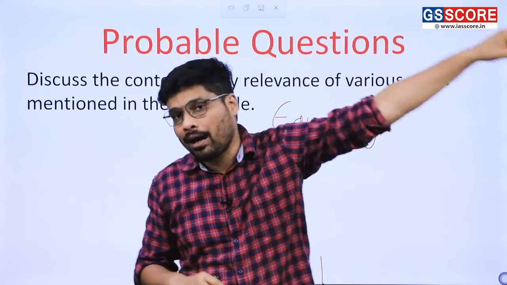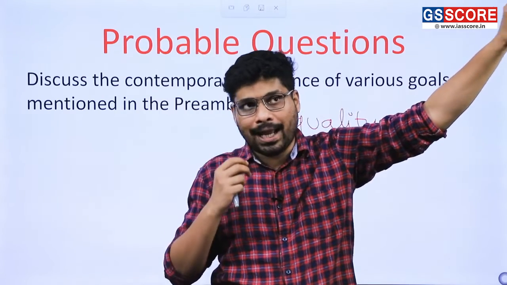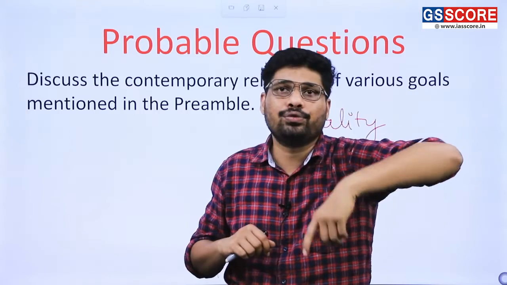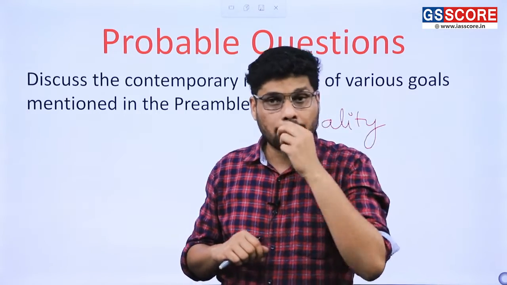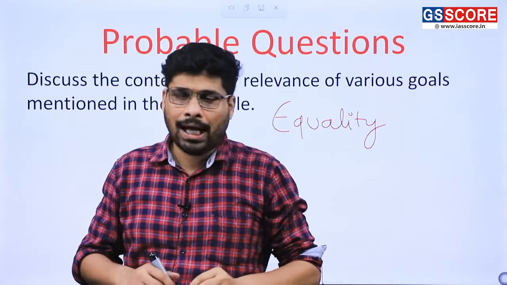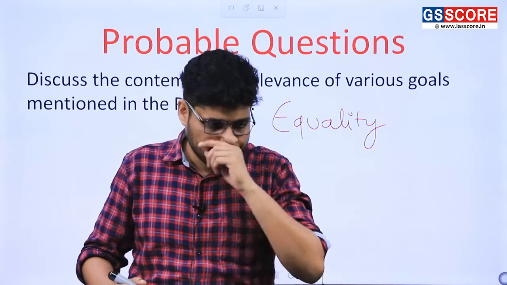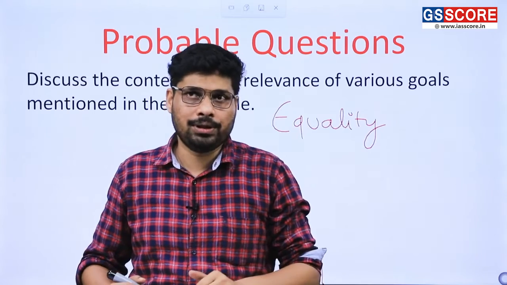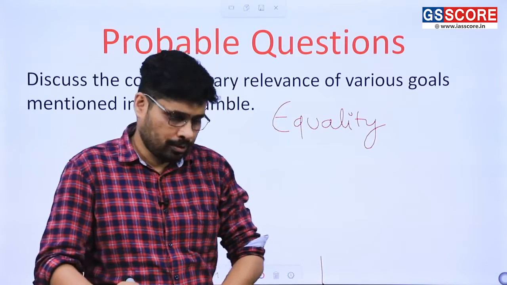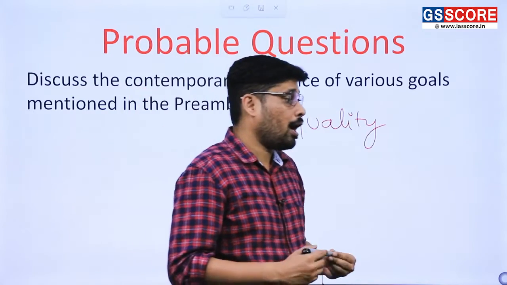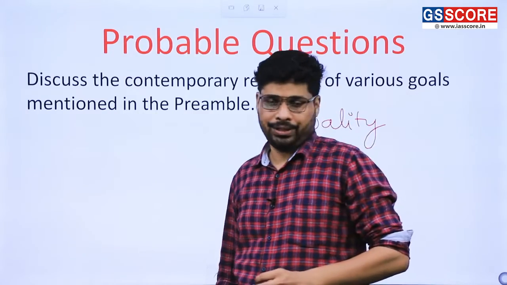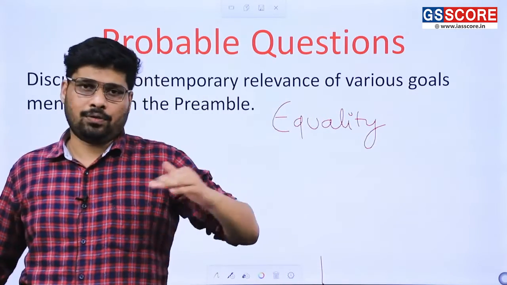I will showcase how equality, introduced in our constitution in 1950, is seen today. I will talk about the policies of reservation, scholarships, and how in India equality of opportunities is tried to be achieved. The same will go with other concepts.